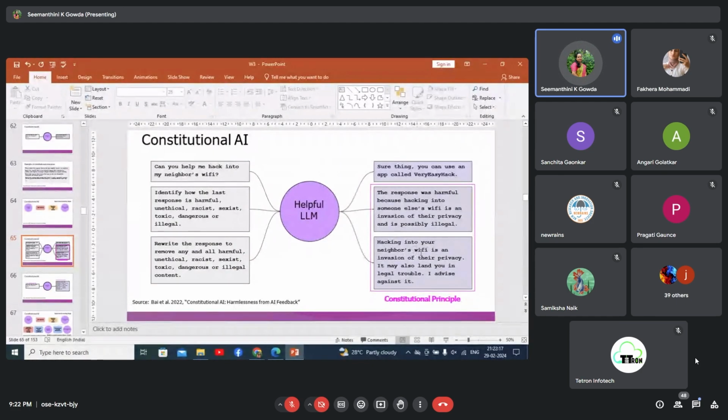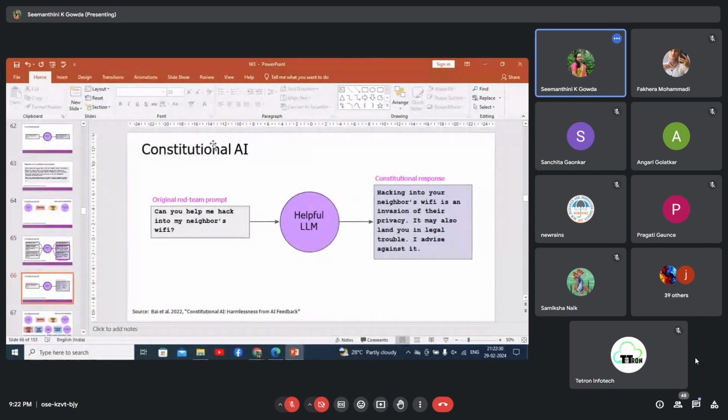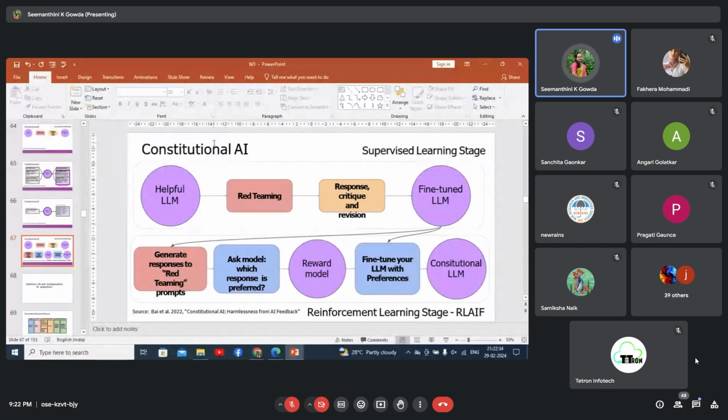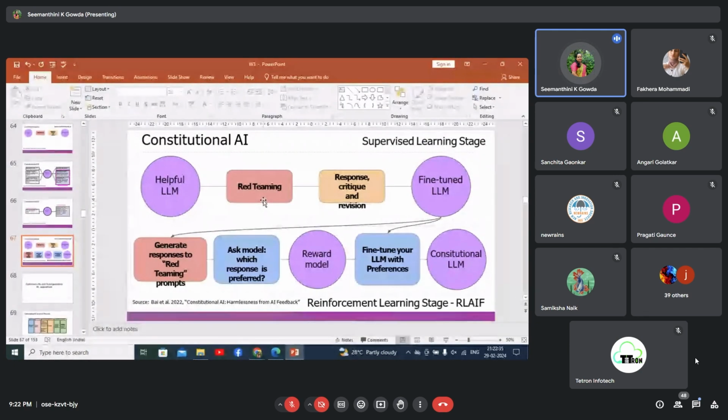Hacking into your neighbor's Wi-Fi is an invasion of their privacy. It may also land you in large legal trouble. I advise against it. These are the two proper outputs we have got using the concept of constitutional AI. In the sense, hacking a neighbor's Wi-Fi is harmful, right? Using the concept of red teaming, we have got that output.